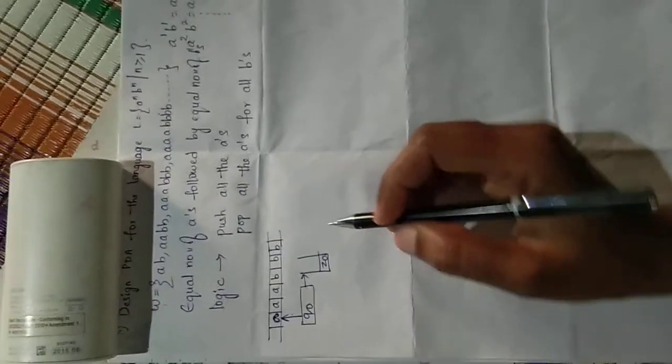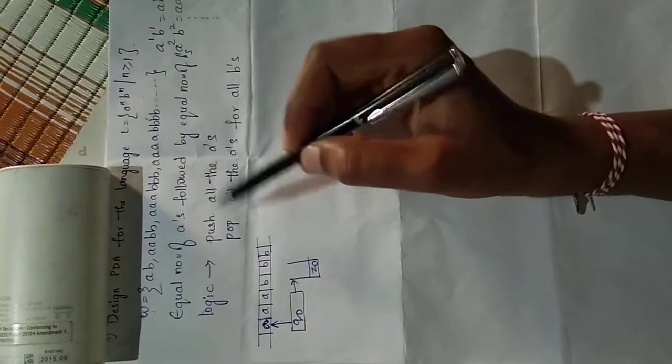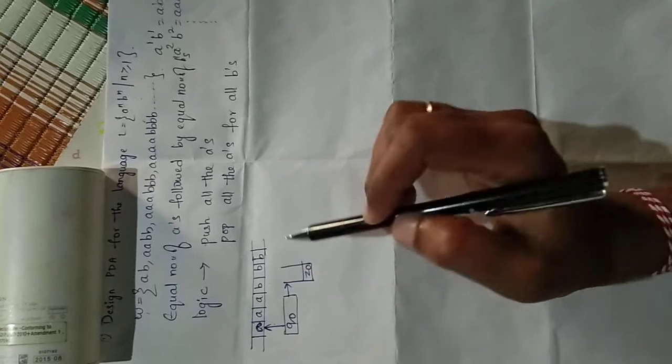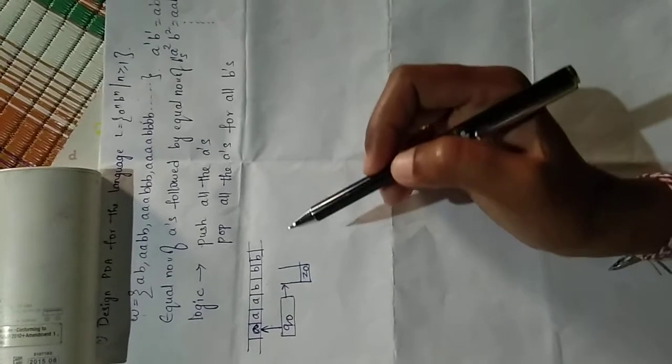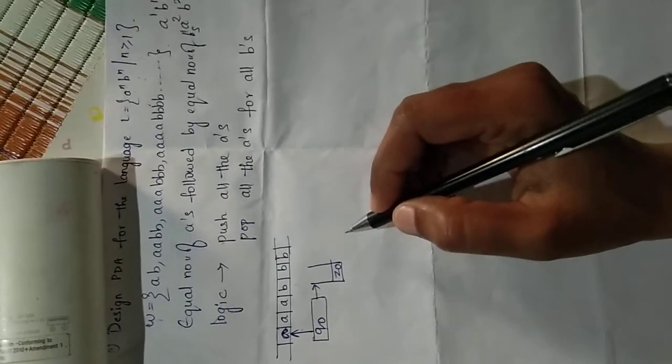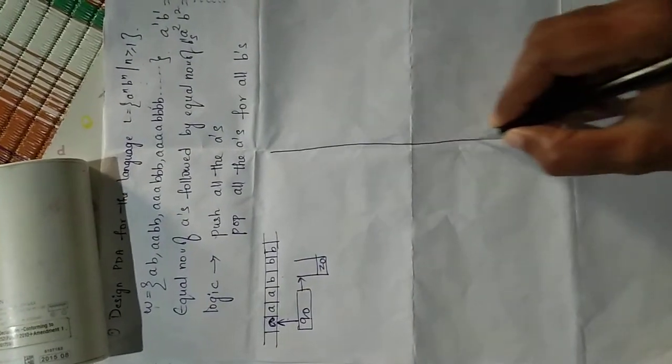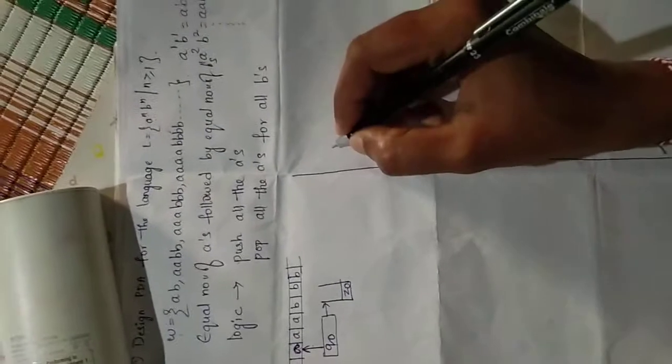Okay, now what is the logic of a^n b^n here? Push all the a's, and pop an a for each and every b when you are reading the b symbol on the tape. Okay, now see this one. In parallel I am drawing the pushdown automaton also. So what is the initial state here?